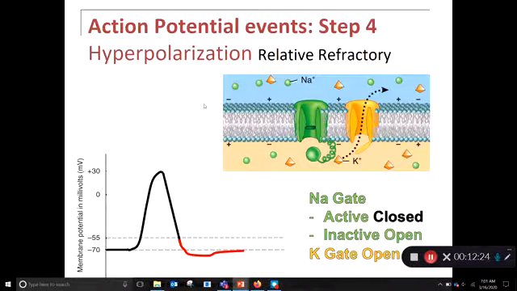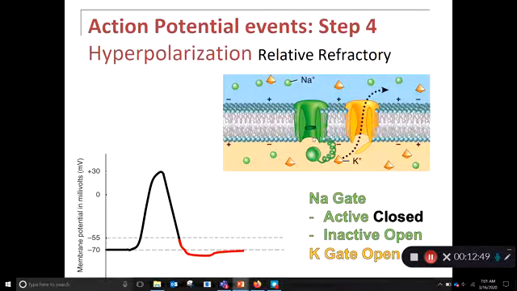Now, this final step, once you reach negative 55 millivolts, you'll notice that the inactivation gate has become open, but the activation gate is closed. That means, hey, we have an opportunity here, if we really, really want it, to reopen up and cause an activation event again.